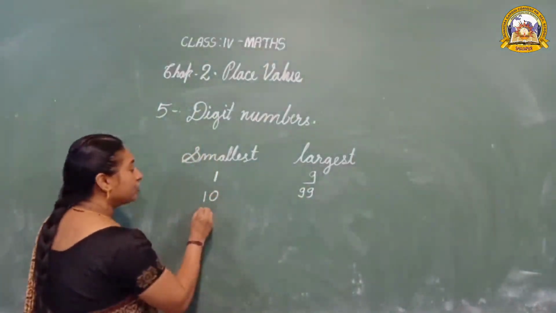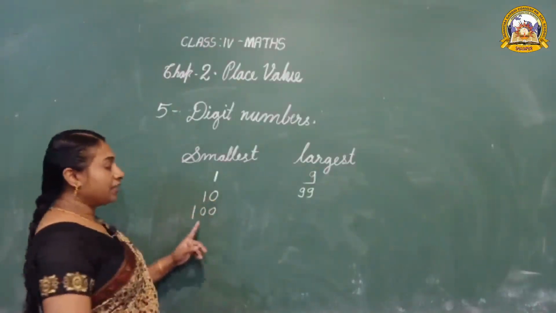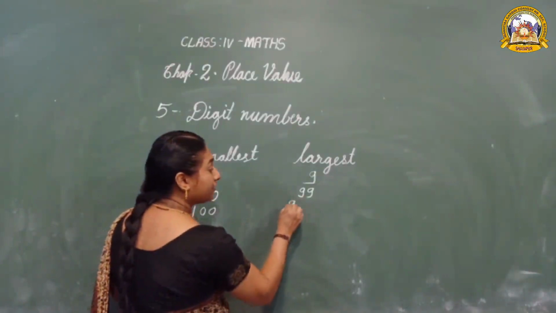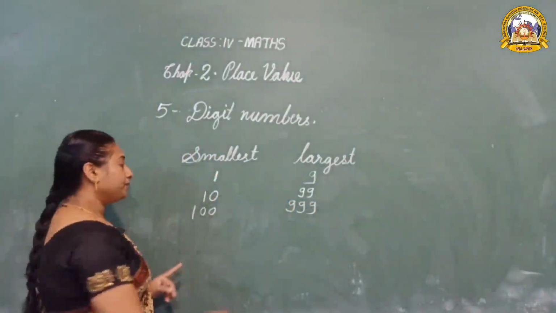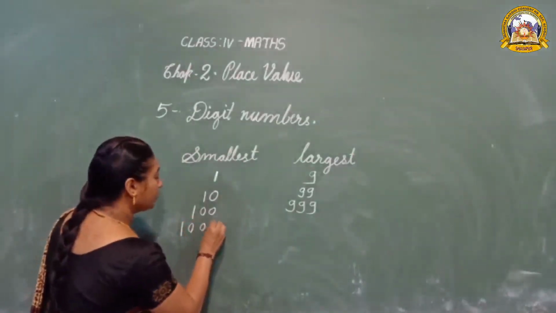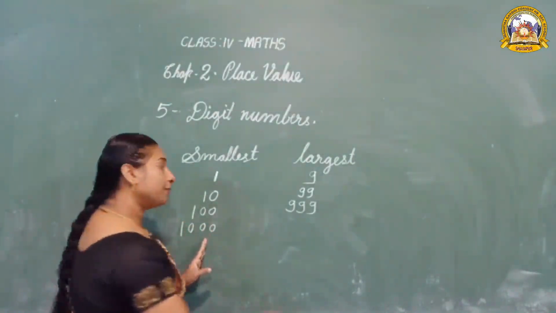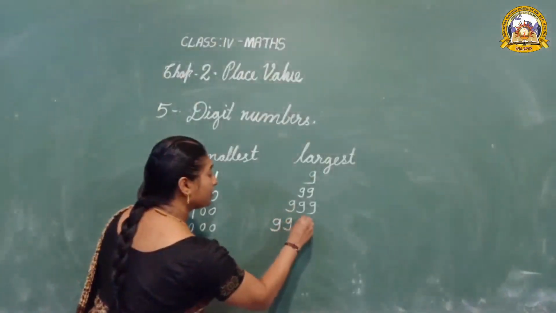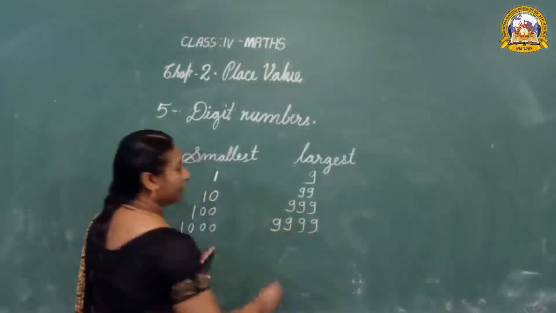Next, smallest 3-digit number is 100 and largest 3-digit number is 999. Next, smallest 4-digit number. Yes, you have learned that is 1,000 and largest 4-digit number is 9,999.